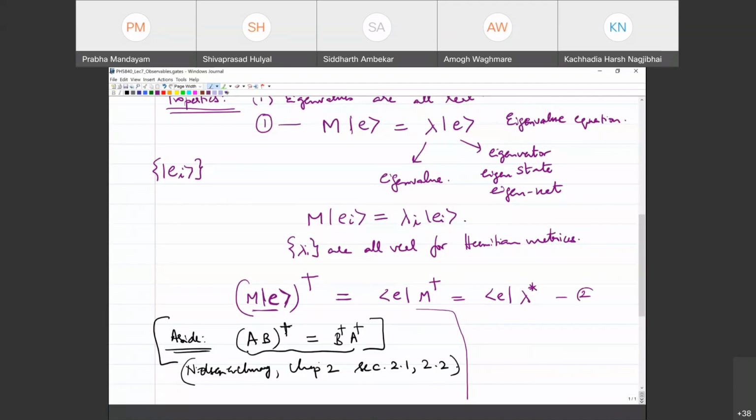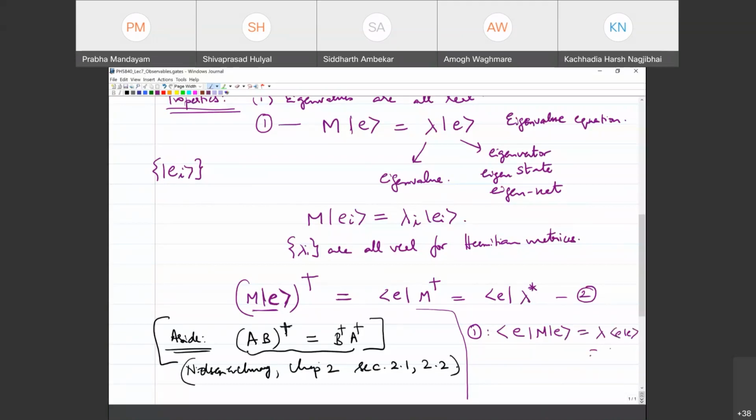So now for 1, you can left multiply it by bra E, right? So you have E M E is lambda times the inner product of E with itself. Let's say it's normalized.